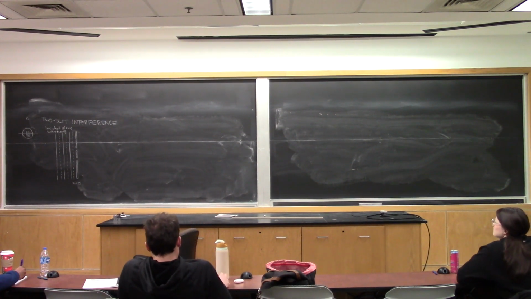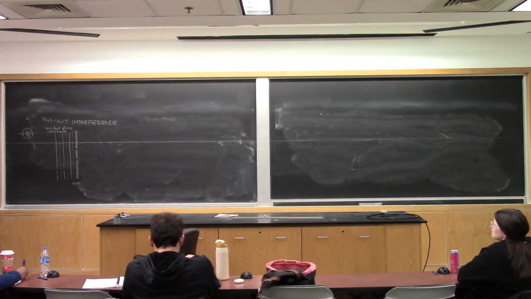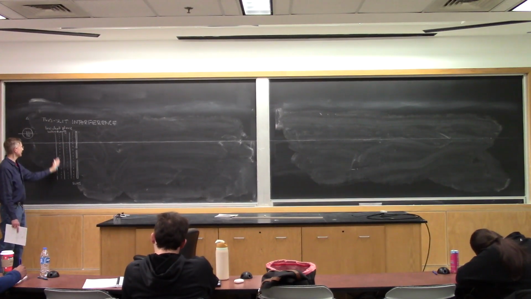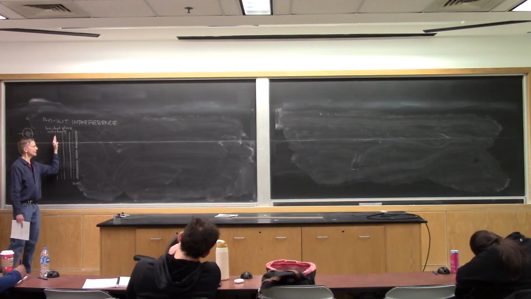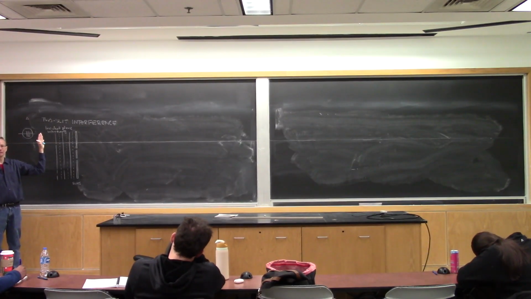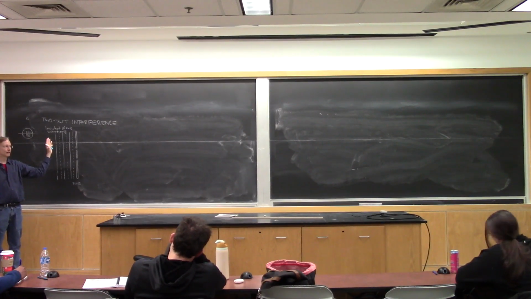Okay, what questions do you have at this point? It's important to be on the same page of knowing what this represents. So every line here really is a cross-section through a plane wave front, where the electric field is constant in magnitude and direction everywhere on that plane.